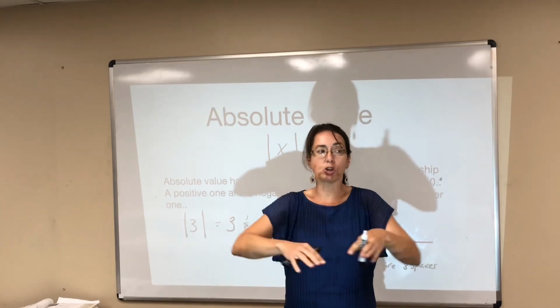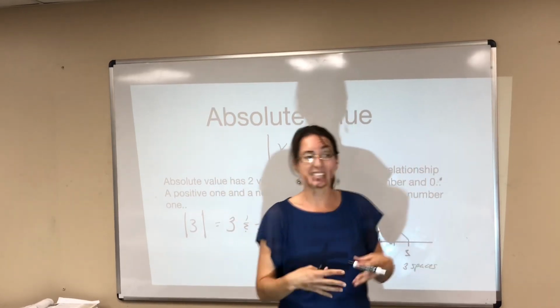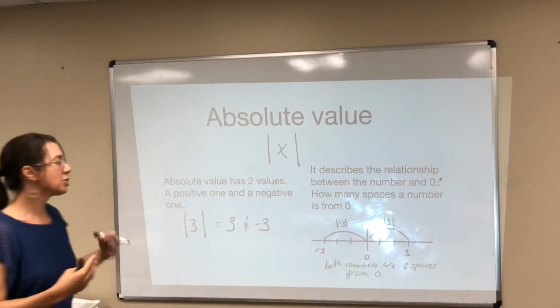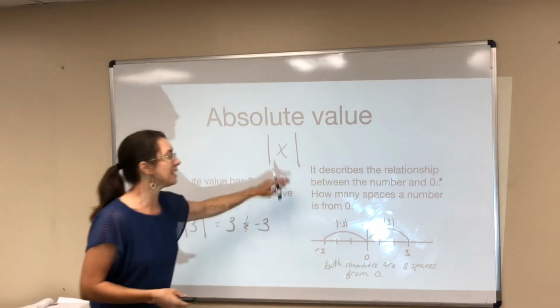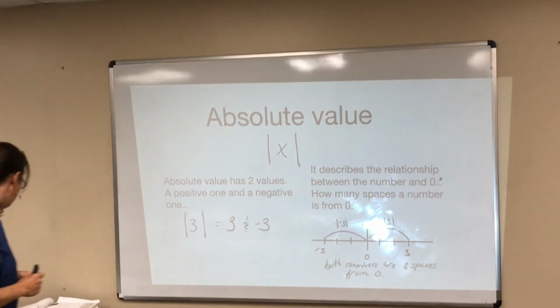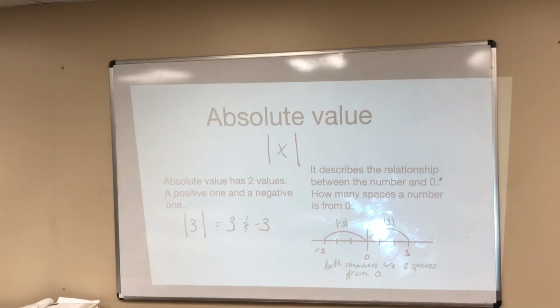Same distance, but you're in different directions, but it's the same distance. Okay, so that's all absolute value is, the same distance. It is never, ever, ever negative. So on there where it says facts or characteristics, always positive. Or you could write never negative, either way. Definition is the distance from zero, or distance from the origin.